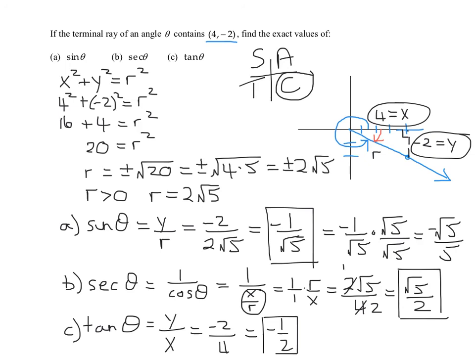Is that what I got here? Was my secant function positive? Yes. Those are the only two that are positive. My sine and my tangent functions should both be negative. Did I get negative answers for both of those? Yes. So that is an excellent check we can do at the very end of the problem.